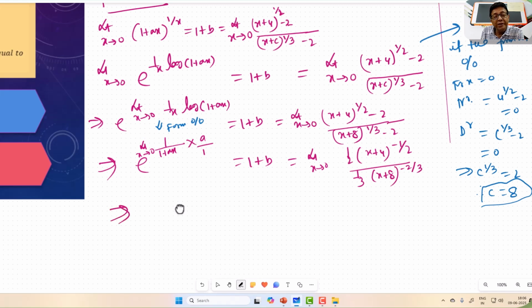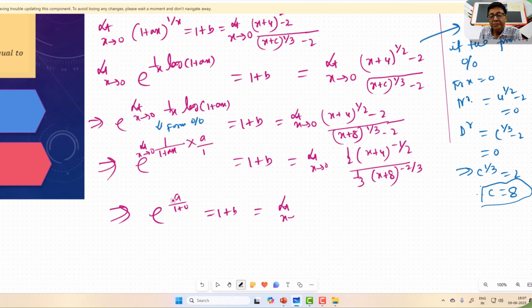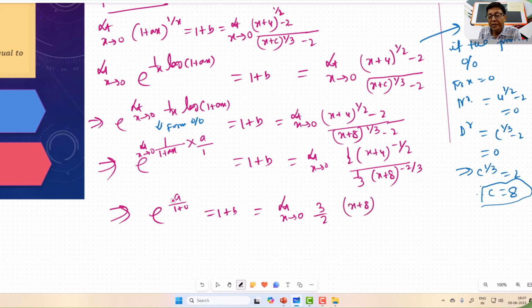So this will be e to the power a by 1 plus 0, 1 plus b, and this thing is x tending to 0, 3 by 2 x plus 8 to the power 2/3 x plus 4 to the power 1/2.